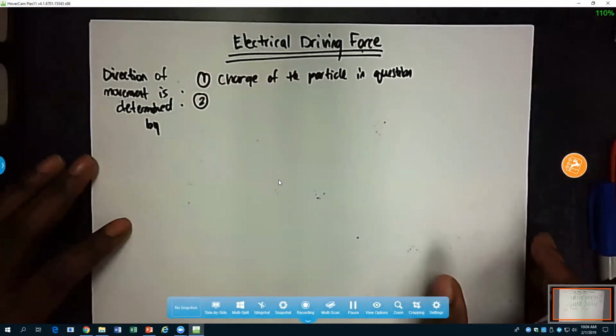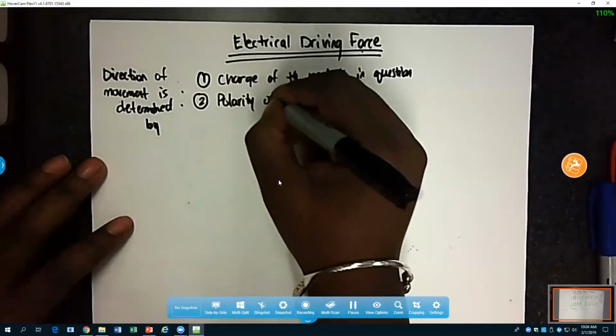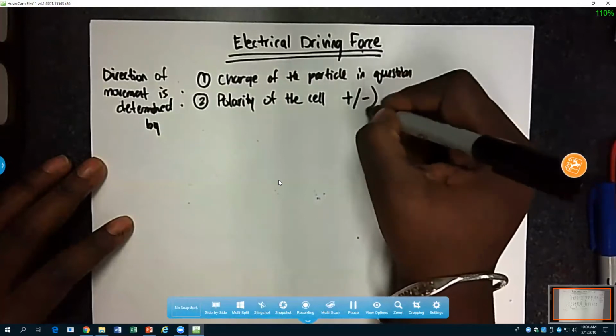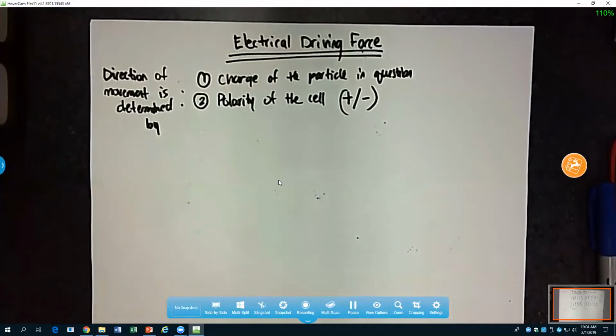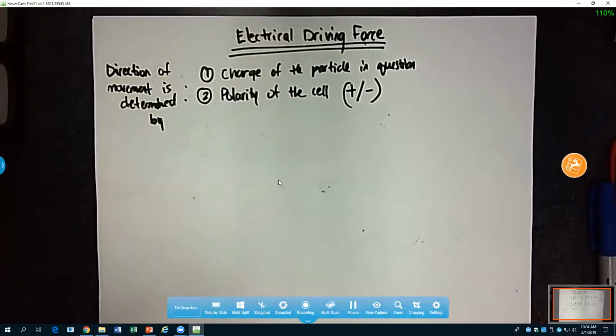And 2, the polarity of the cell. Right? Whether it's positive or negative. And just for reference, we said that at rest, the inside of the cell is more negative, whereas if the cell is excited, the inside of the cell is more positive. So depending on the polarity of that cell, as well as the charge on the particle that we're talking about.